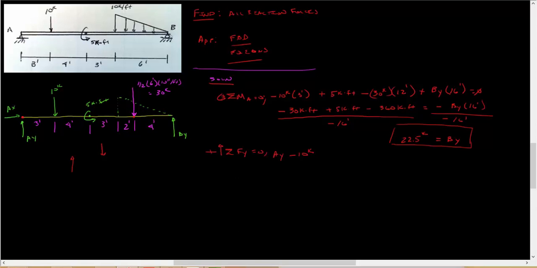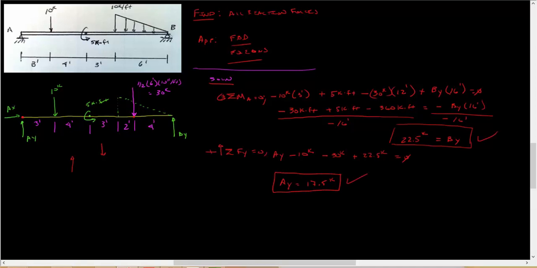Minus 30 kips plus 22.5 kips is all equal to 0. So this is negative 40 plus 22.5. I take it to the other side. I get AY is equal to 17.5 kips. So I have AY, I have BY.